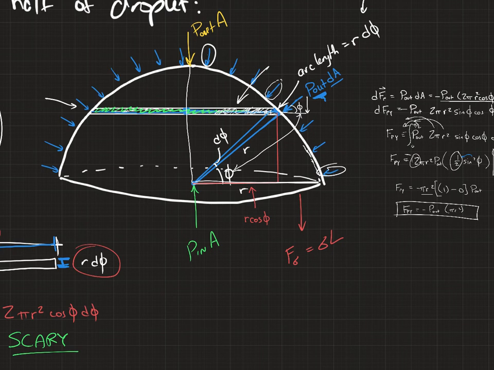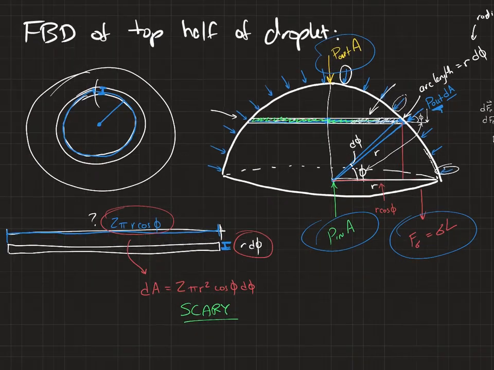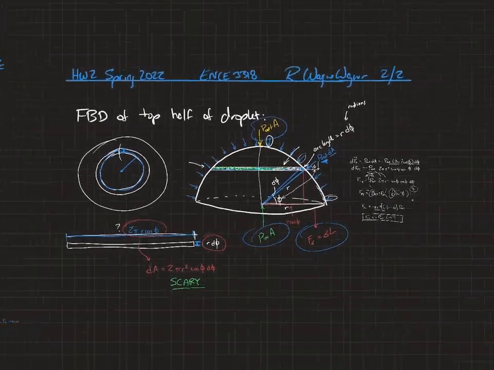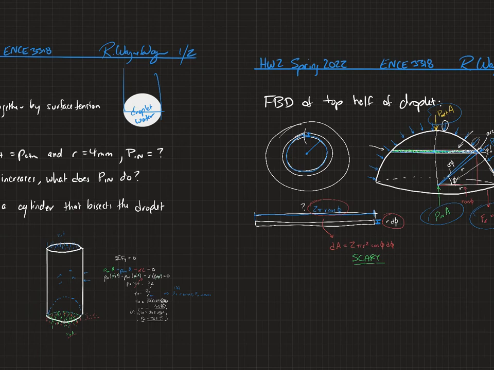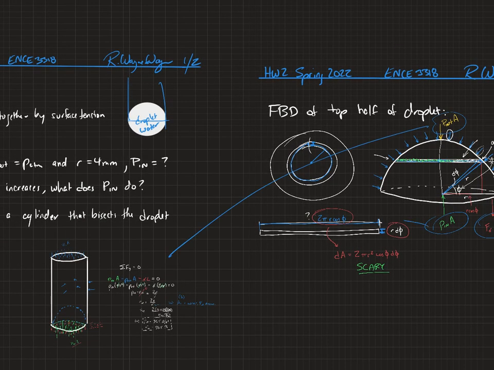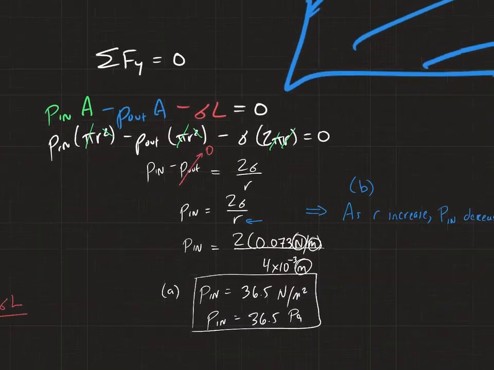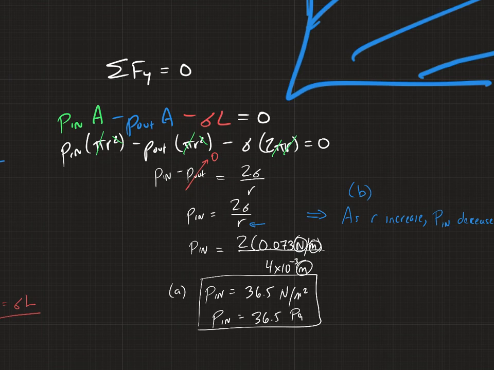At that point you take this force and this force and do the sum of forces in the vertical. You just plug them in like we did a second ago down here, and you get the exact same answer. So that is a solution. I don't recommend that one for brevity, but I like it, it's fun.